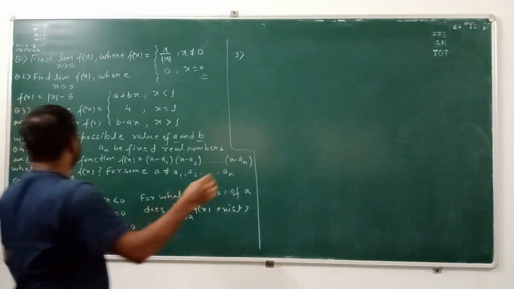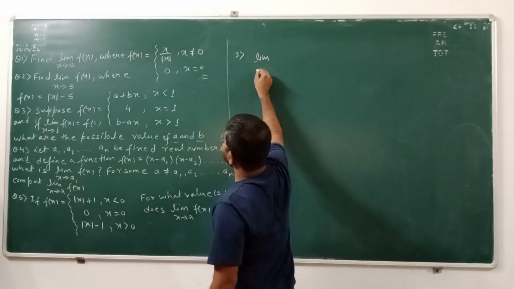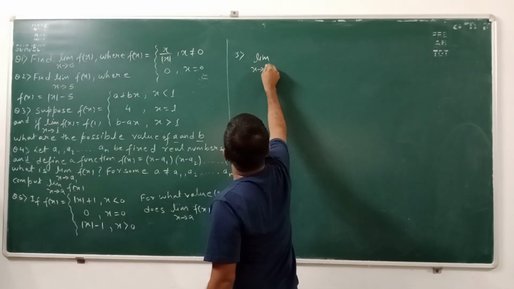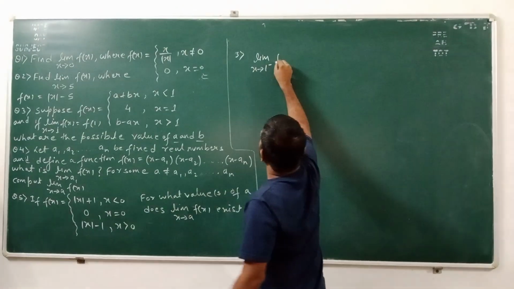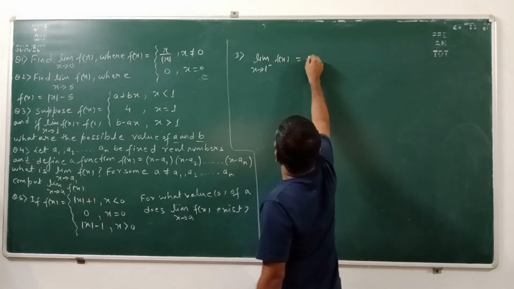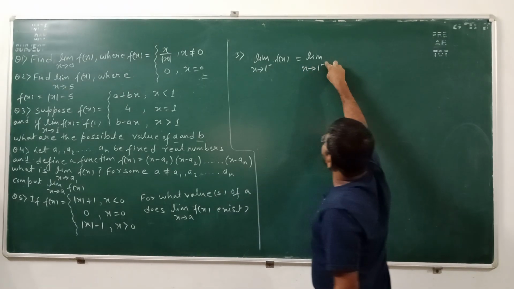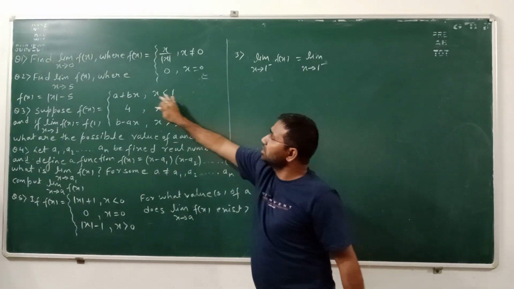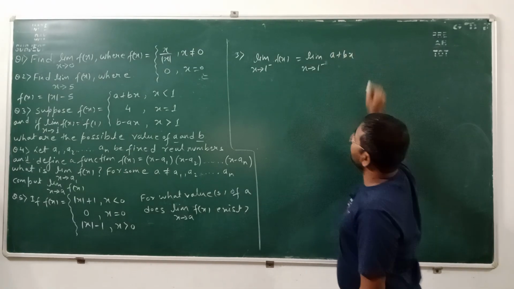Okay. So first of all, you have to find the limit as x tends to 1 negative of f(x). When 1 negative is there, it means less than 1, so here you will take a plus bx.